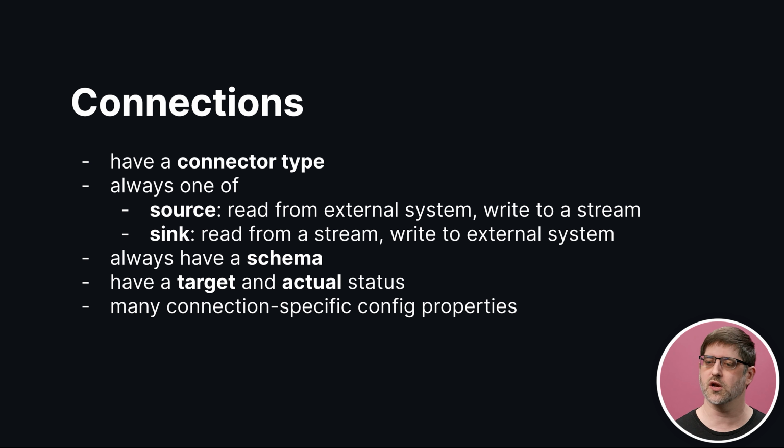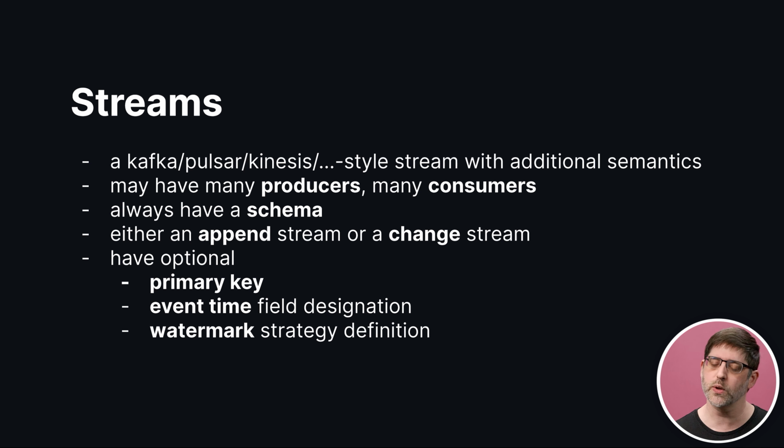These streams are either append mode or change stream, but they're never both at the same time. They are always in append mode or always in change stream mode. They have a bunch of optional parameters like primary keys that can affect different partitioning schemes. They have an indication of which field carries the semantic event time within each record, watermarking strategies, all sorts of other things.